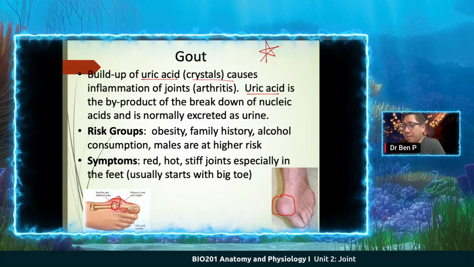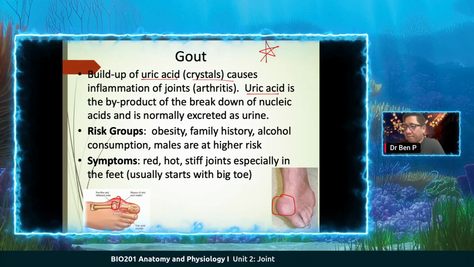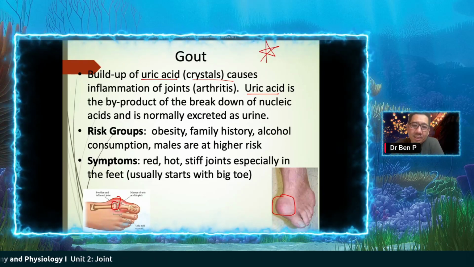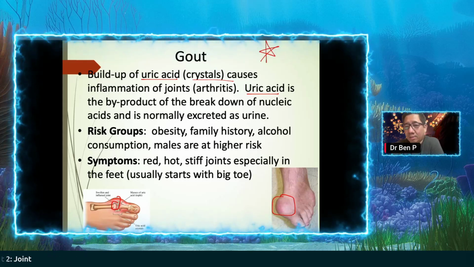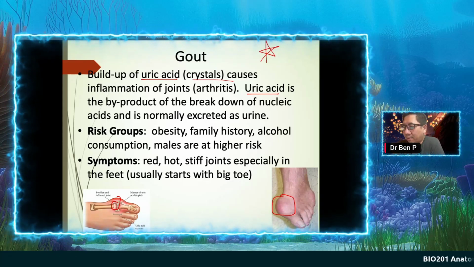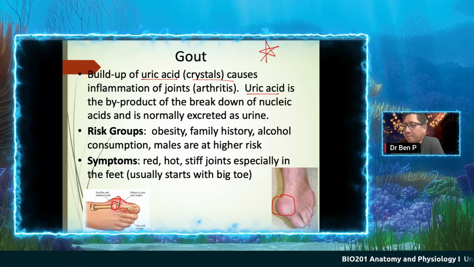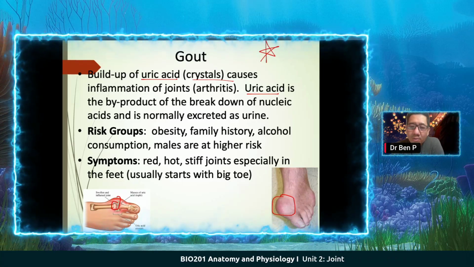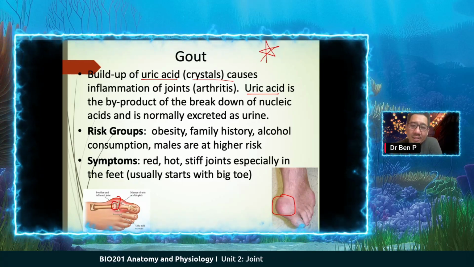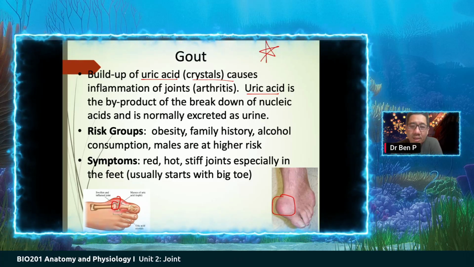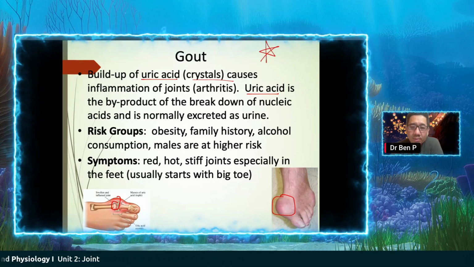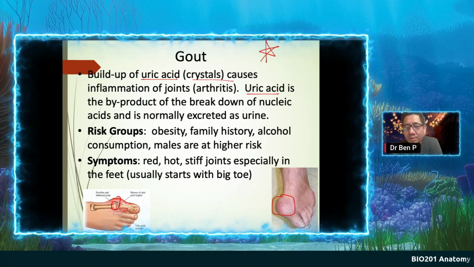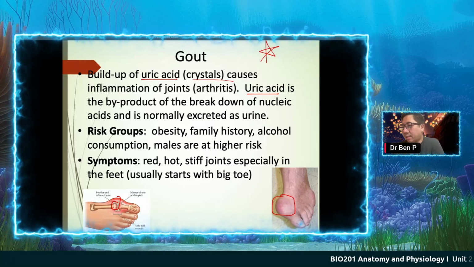It's inflamed because your body's immune system starts to respond, thinking it's a foreign object, so it starts attacking it. That's why it inflames, and it's very painful as well. Another problem that people with gout have to watch out for is crystal kidney stones, because uric acid can form stones inside your kidney.